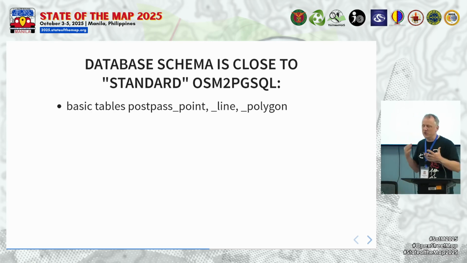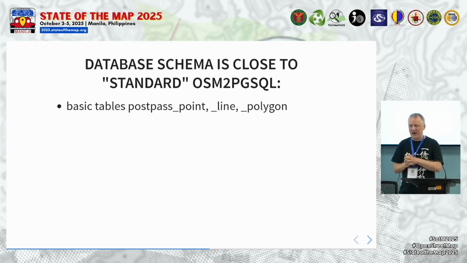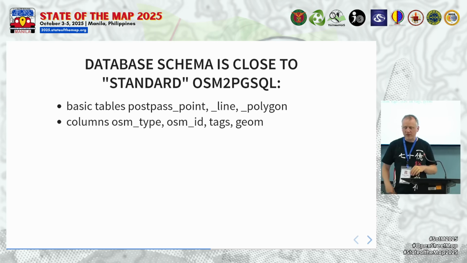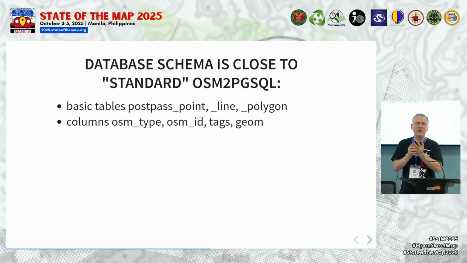In Postpass, I've chosen to call them postpass_point, postpass_line, postpass_polygon, but they are more or less the same. They have 4 columns only: a column that's OSM type, node, way, or relation, OSM ID, a column for tags, and a column for the geometry.